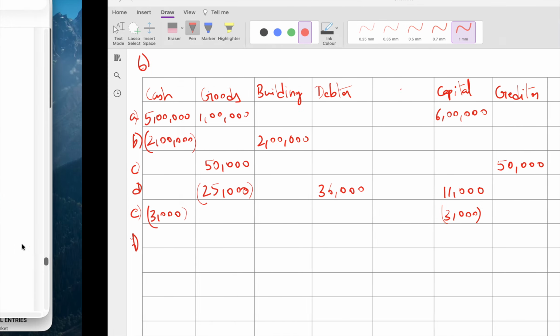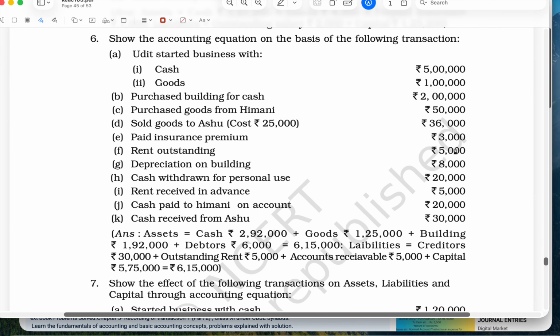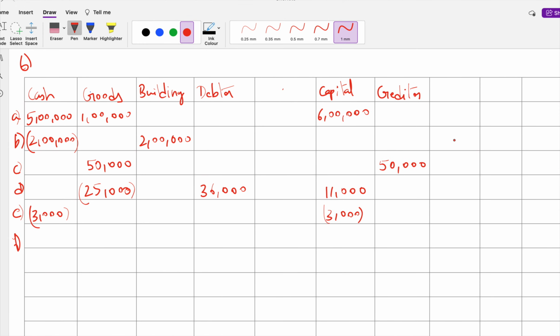Next you have F. Rent outstanding 5,000. So rent outstanding is a liability. They have to pay on a later date. So 5,000, which is also an expense. So that will reduce from the capital. So both are on the credit side.